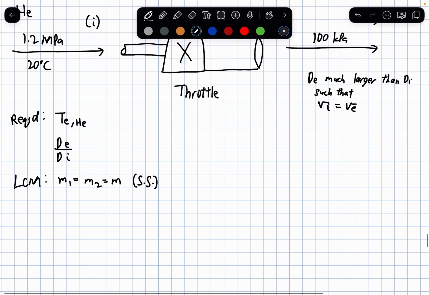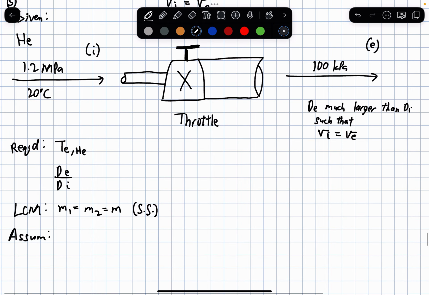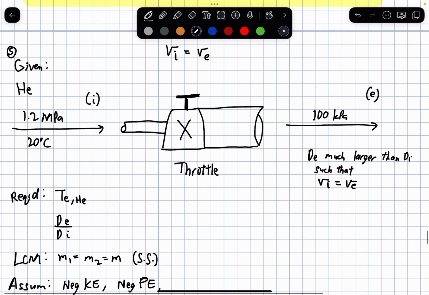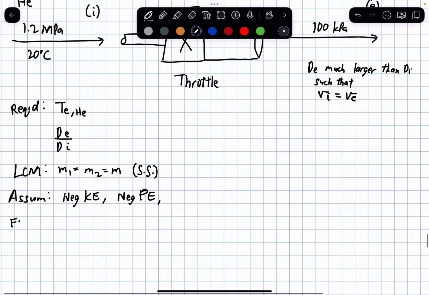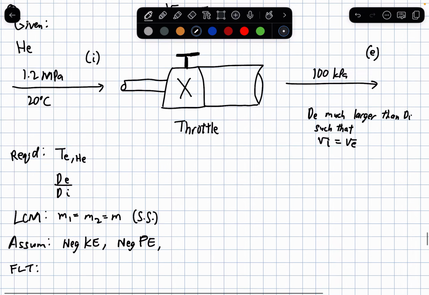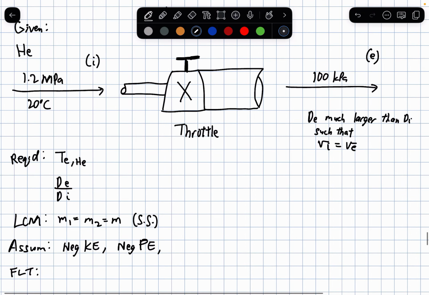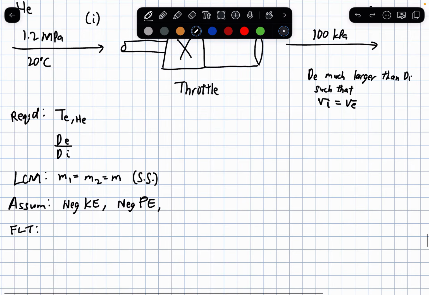Okay, so assumptions. There is no mention of kinetic energy and potential energy. We'll discover a few more later, probably. FLT: this is an open system, no? A thermodynamic device is involved.